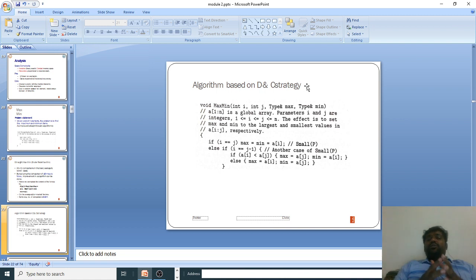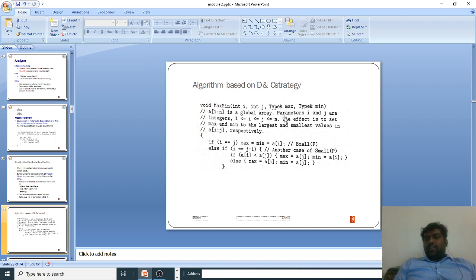Next, the algorithm based on the divide and conquer strategy. Now, this is applying the divide and conquer technique to solve this particular problem. Void MaxMin(i, j, max, min), where i and j are the minimum index and the maximum index, followed by the maximum and minimum of the elements within this index range.